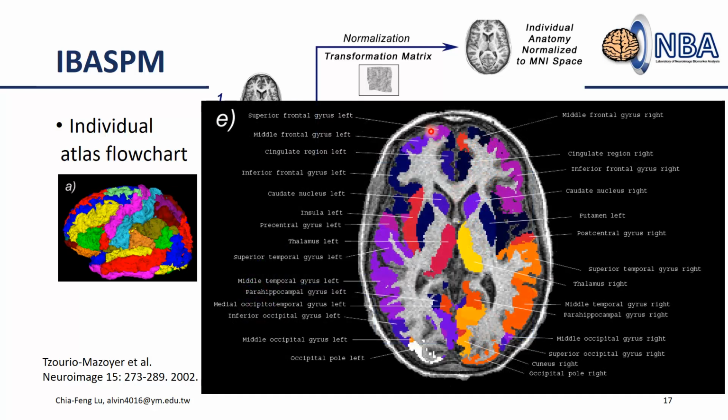Now you can see different cortex regions assigned, for example, this one is the superior frontal gyrus in the left hemisphere, this one may be the inferior frontal gyrus, and this one may be the left insula or something. So you can actually use the analysis flow chart to do this so-called brain parcellation or brain atlasing, really parcellating the brain into over 100 regions, so you can tell the difference of the brain.